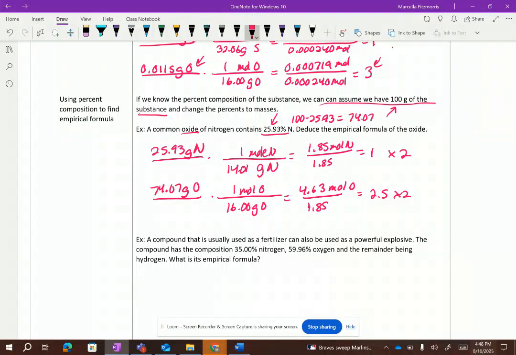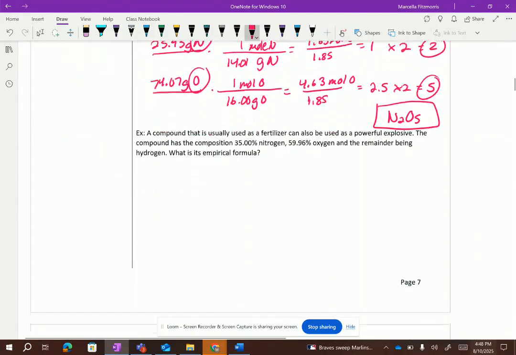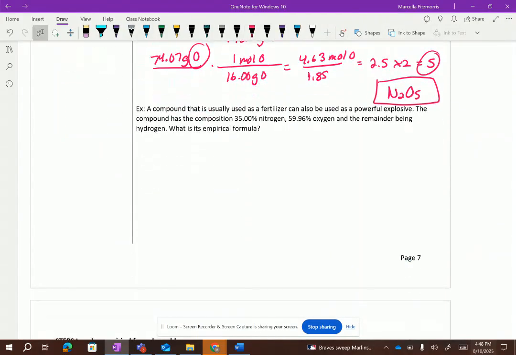Well, we subtract those two from 100, and the rest is 5.0, and that happens to be hydrogen. So 14.01 grams of nitrogen is 1 mole of nitrogen, 16.00 grams of oxygen is 1 mole of oxygen, and 1.01 grams of hydrogen is 1 mole of hydrogen.